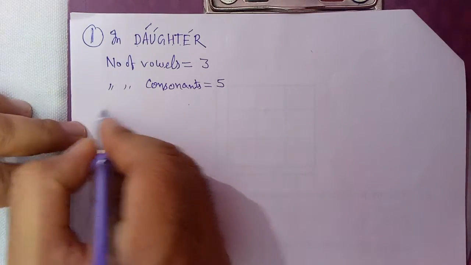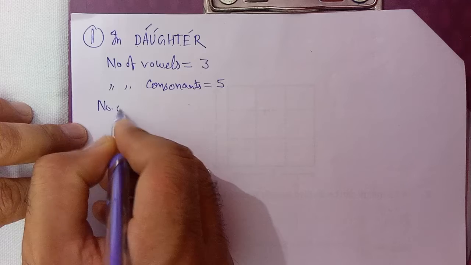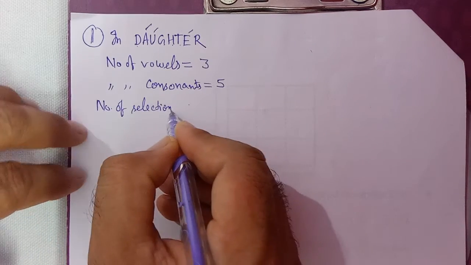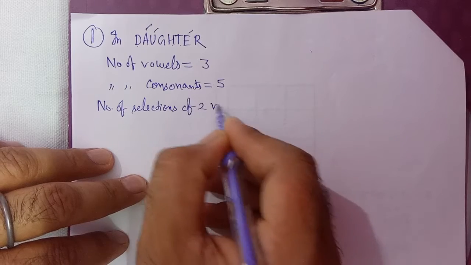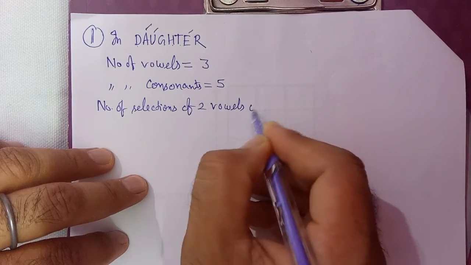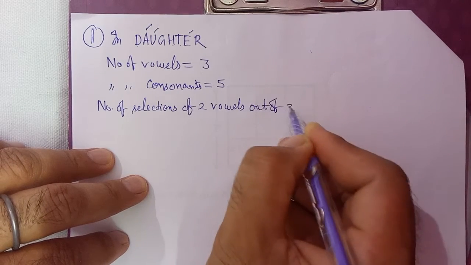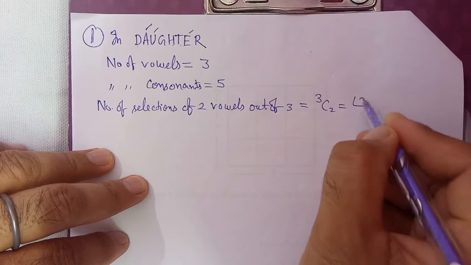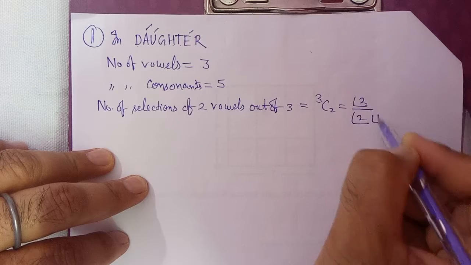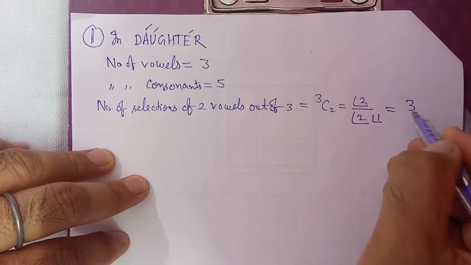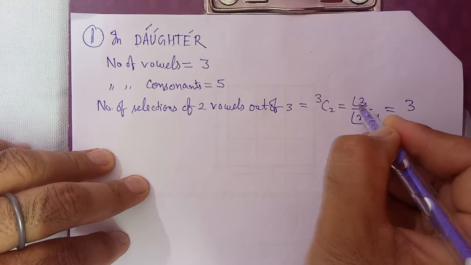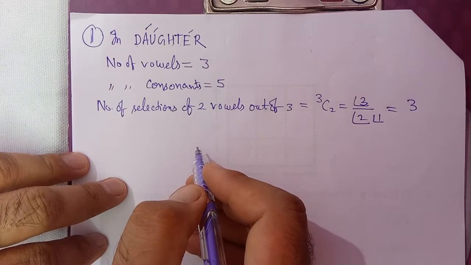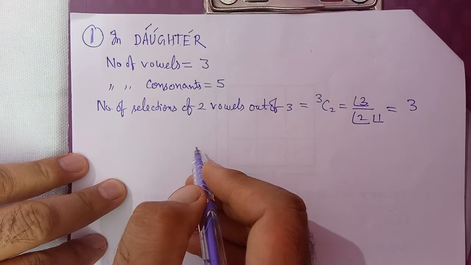So first, number of selections of 2 vowels out of 3, it will be 3C2. 3 factorial upon 2 factorial, 1 factorial, finally it will be 3. Ways of selection of 2 vowels out of 3, this is 3.